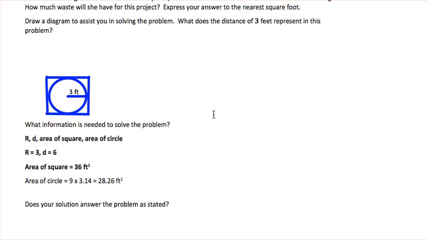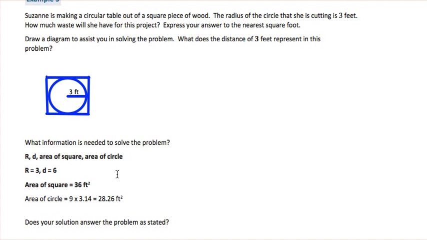Now the solution still has not answered the question, because now we want to know how much waste she'll have. And the waste will be the area of the square that was not used for the circle.